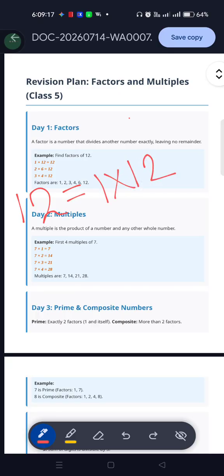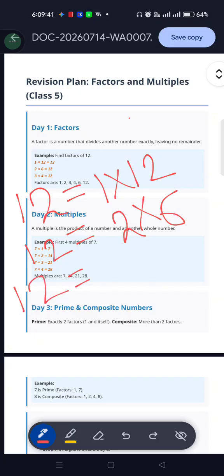In Hindi you can also say the factors of 12 are those numbers in whose table you can get 12. So here you will get 12 as 2 into 6. After that you can get 12 as 3 into 4.